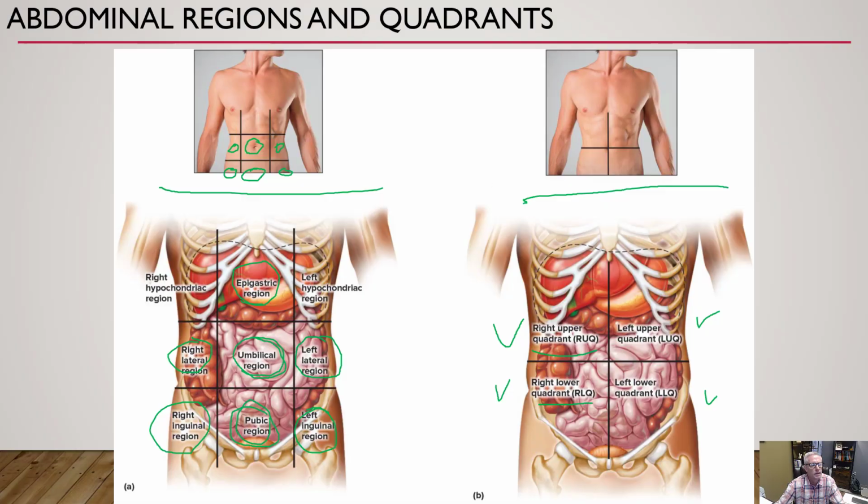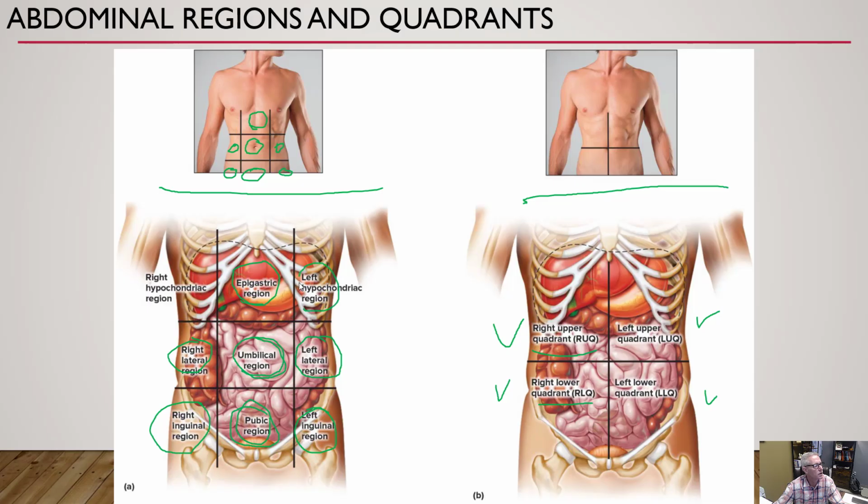So GASTR means stomach. So here would be your epigastric region. And then remember that we had our CHONDR, which can have a couple different meanings, but in this case, it could mean ribs or cartilage.